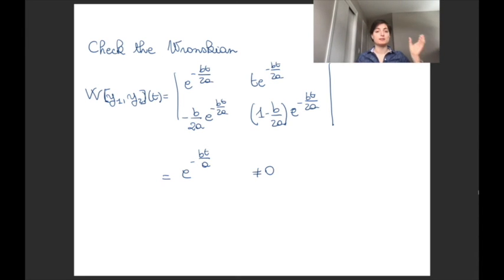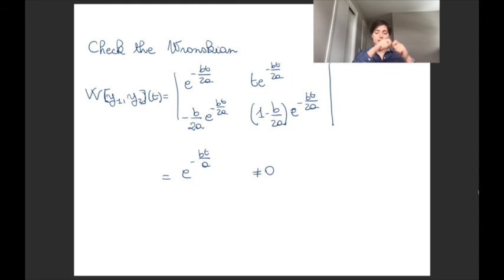So the first element is minus b divided by 2a times the same exponential, and the second thing is 1 minus b divided by 2a of the same exponential. And if we do all the elements, then some terms cancel out. There is actually a t missing in the lower right corner.